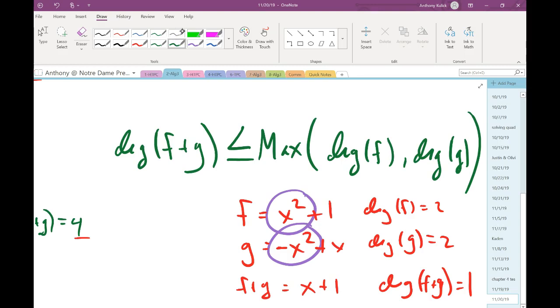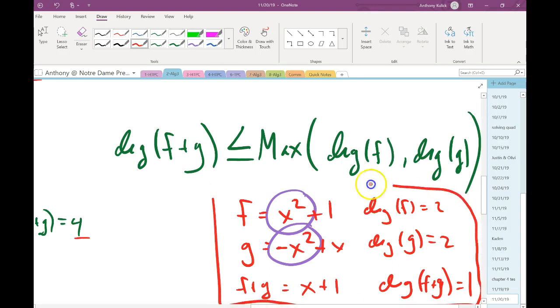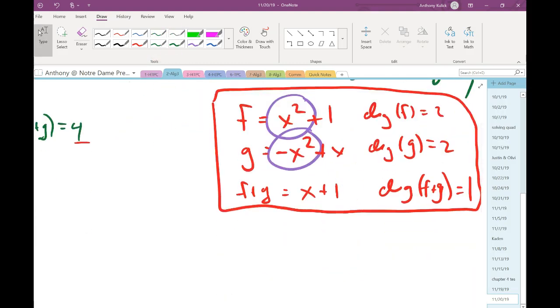So here's your example of the less than, the stuff in the red there. That's what we were doing, just demonstrating that it is possible to add f and g and get a degree less than either f or g. And obviously the same thing is true for subtraction.